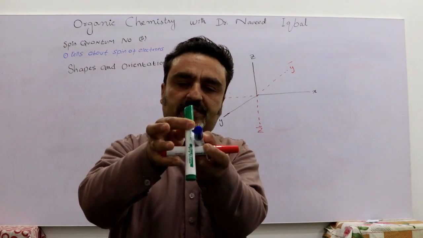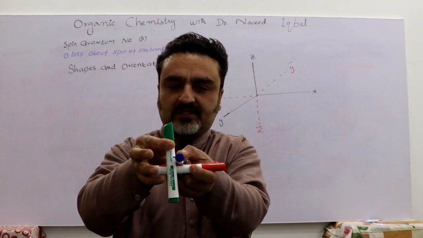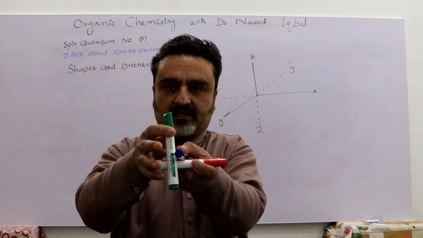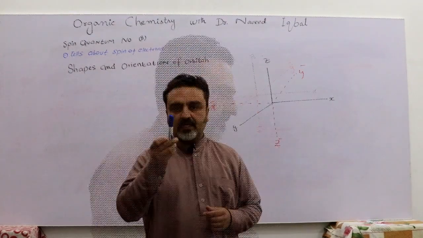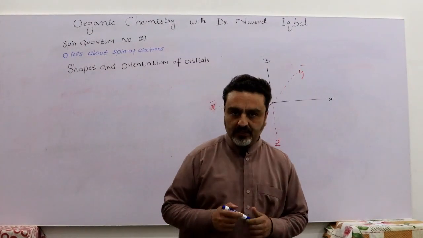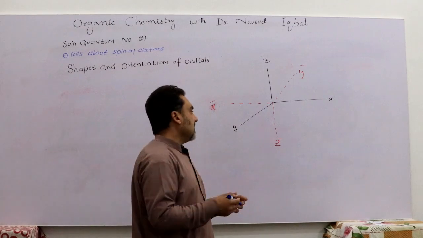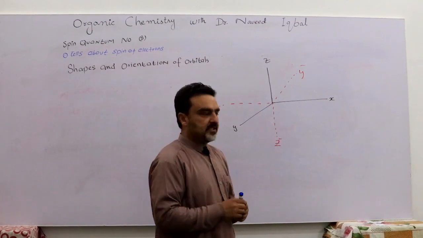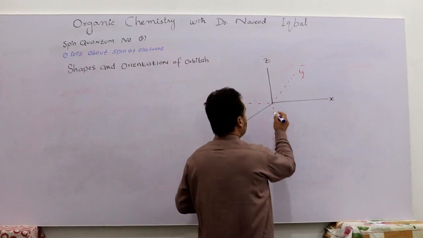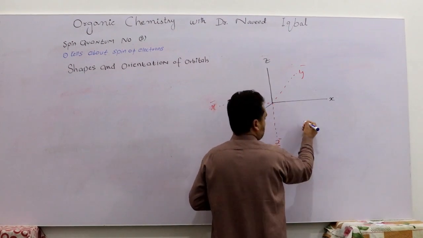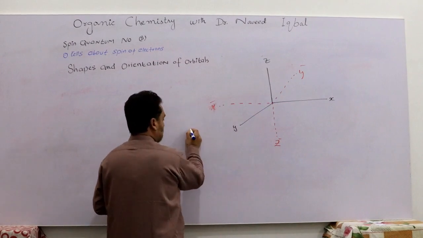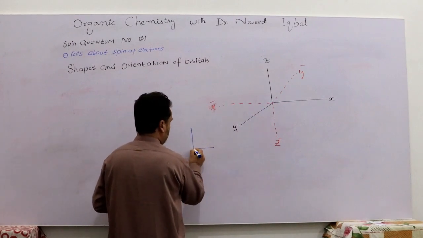So the green one is the pz orbital, this one is the py orbital, and this red one is the px orbital. As I explained, this is how the p orbitals look. Now once again let me try to explain it on this axis. The px orbital lies on the x-axis just like this. Look at this. This is the coordinate system.